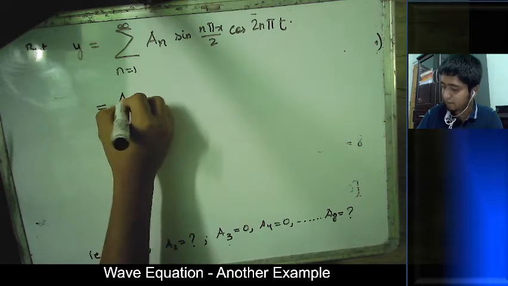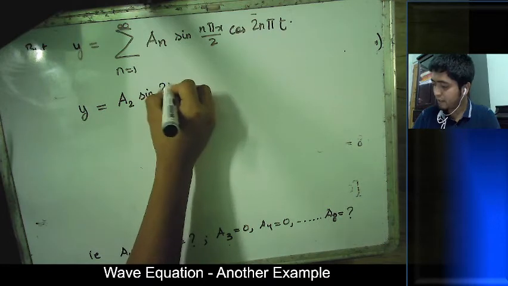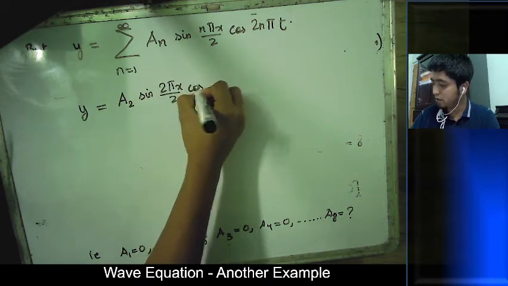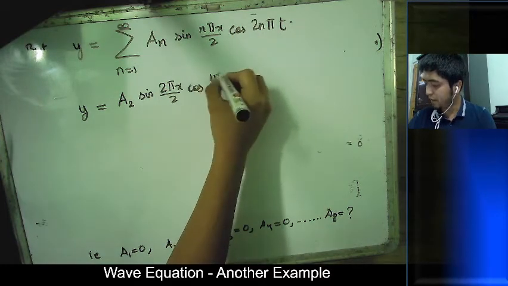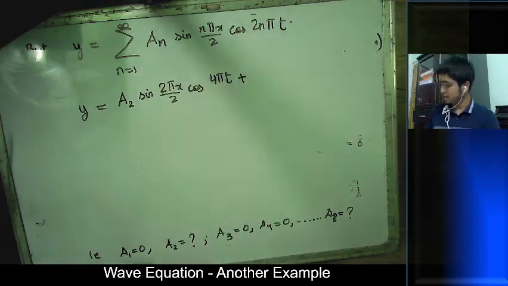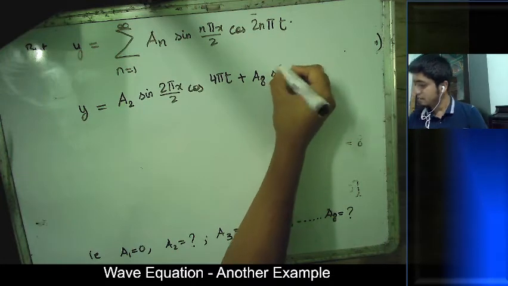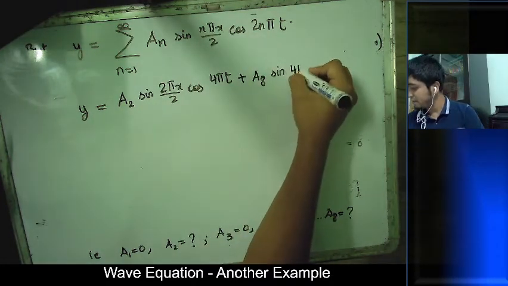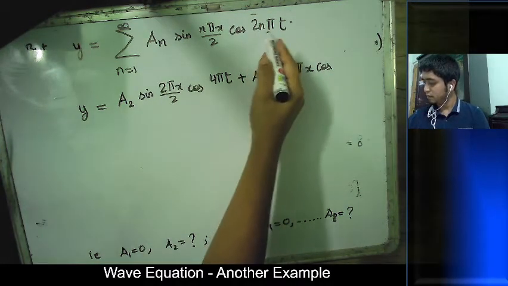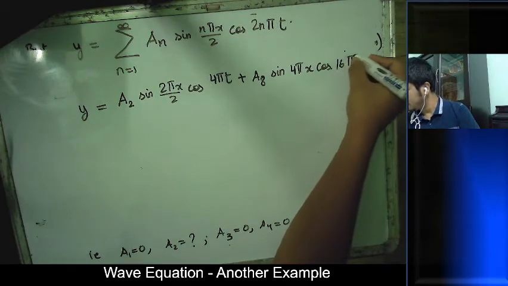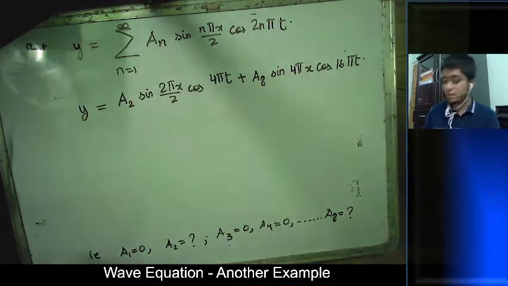So all that will be left is a₂ sin(2πx/2) cos(2 into 2, which gives you 4πt), plus you will also be having a₈ sin(4πx) cos(16πt). If we put the value of 8, all other values will be 0.